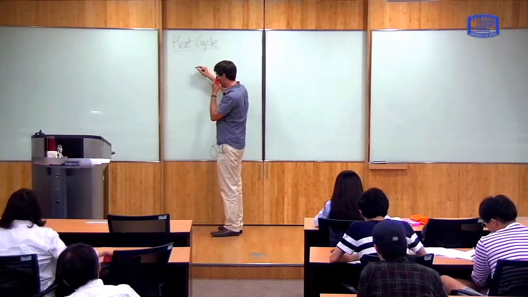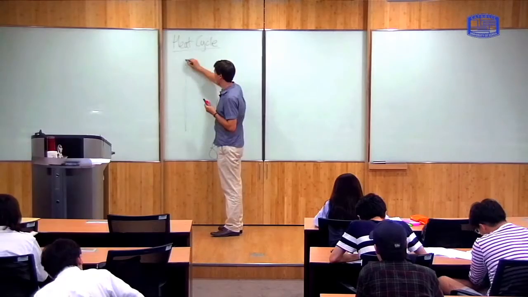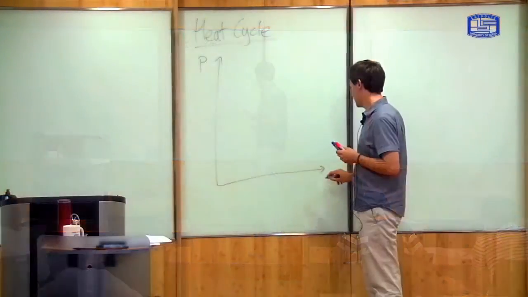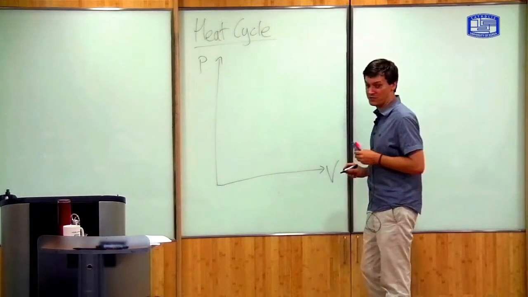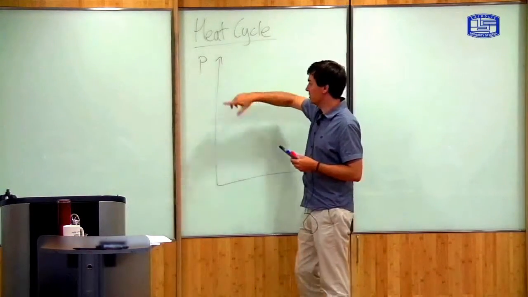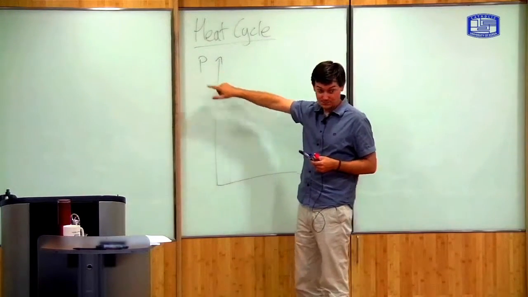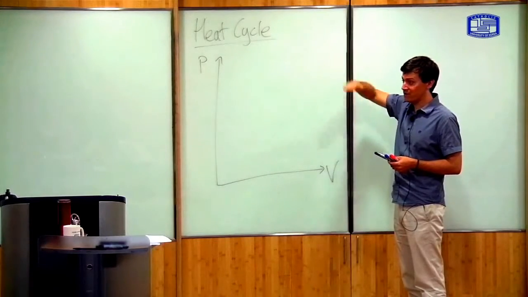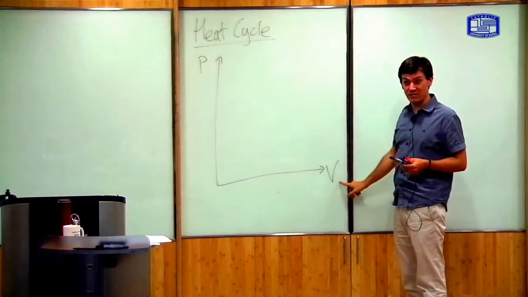So I'll draw this big, because I want to explain a lot of things about it. We can plot then the behavior of this system on the pressure volume diagram. As I said, as the gas temperature changes, the pressure is changing. And also as the driving piston moves up and down, the volume is changing.